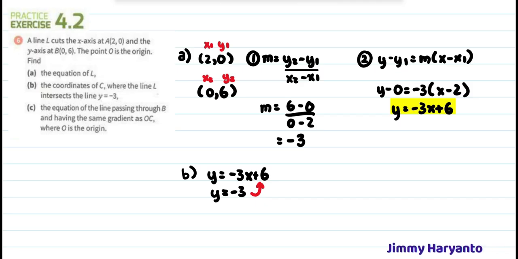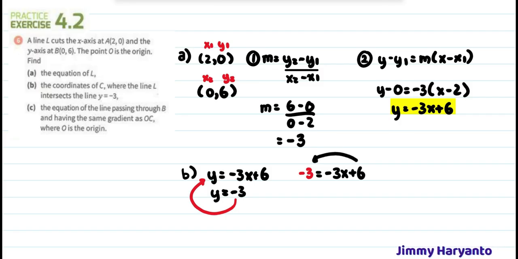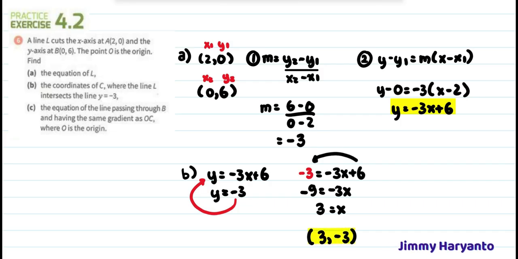So let's input this negative 3 because the question says y equals negative 3. We can change this y into negative 3. Negative 3 equals negative 3x plus 6. That means you have to move it over there. Negative 9 equals negative 3x. Negative 9 divided by negative 3 equals 3. So the point is (3, -3). This is the point of intersection.